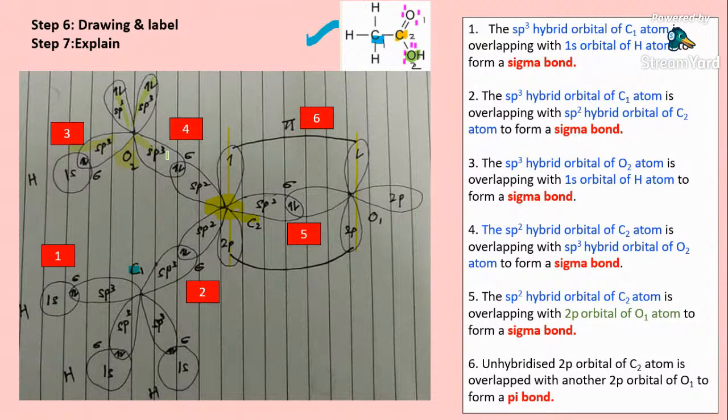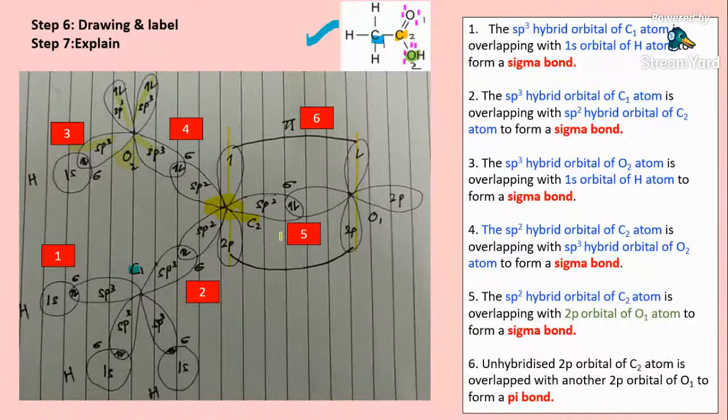And then number 4 is the sp3 hybrid orbital of O2 atom is overlapped with the sp. Okay, there is some mistake here. I explain this one: sp3 hybrid orbital of carbon atom, the C2 atom, is overlapped with the sp3 hybrid orbital of O2 atom to form sigma bond.